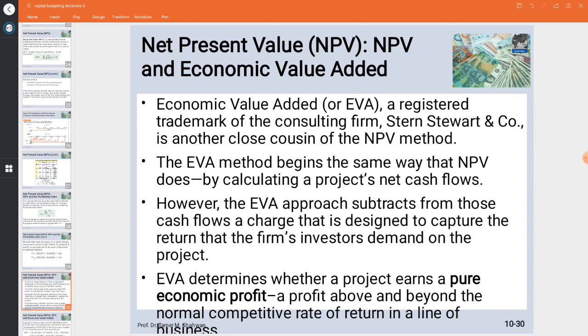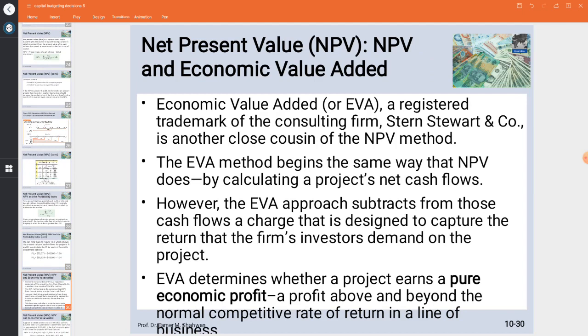EVA is very important, where we determine whether the projects earn a pure economic profit or not. And this is very important in a comparison between different projects.